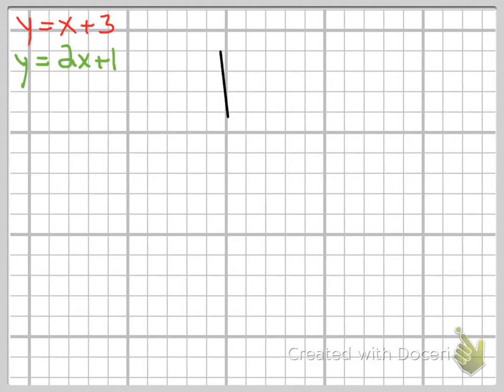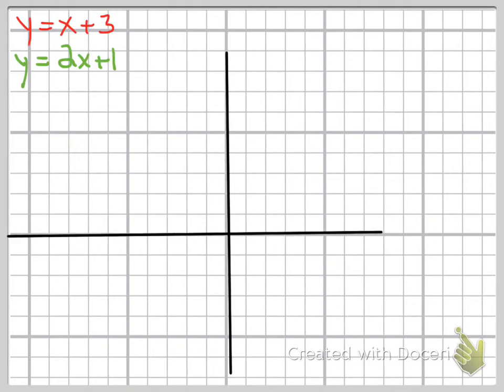So let's sketch our graphs. Y equals x plus 3 has a y-intercept of 3 and a slope of 1. Now, y'all don't work that far ahead of me because I'm going to show you something that's going to help you.